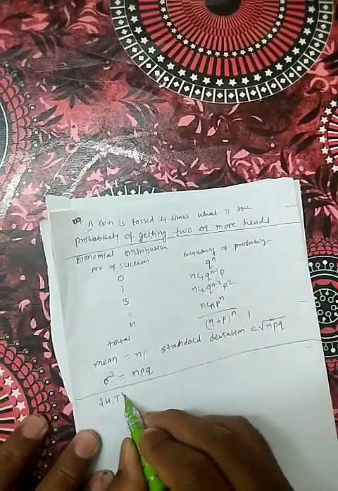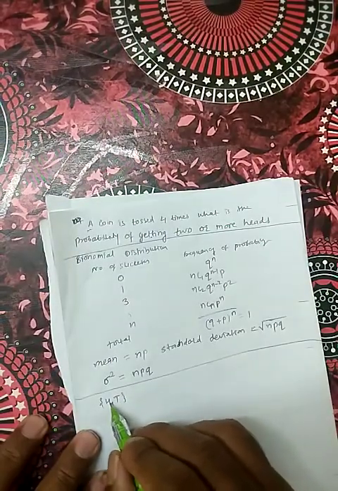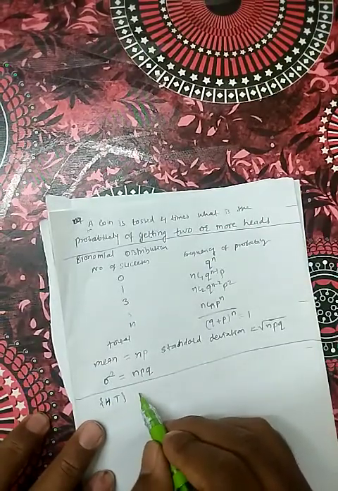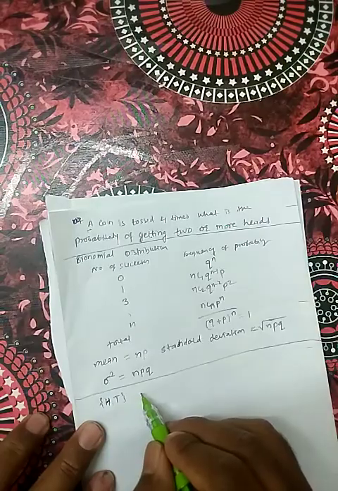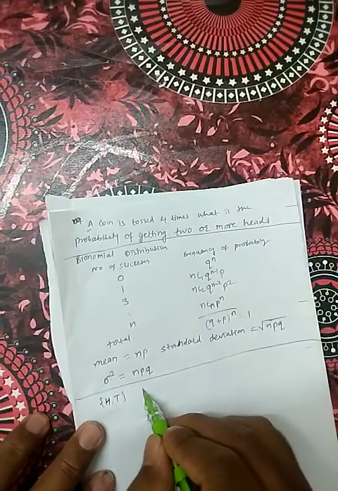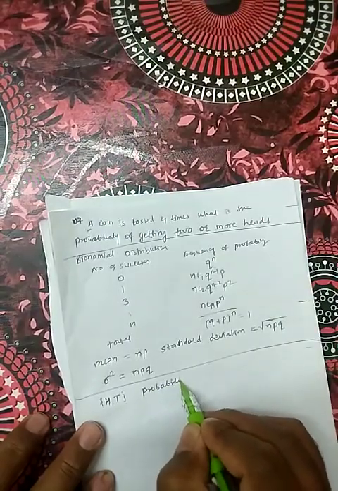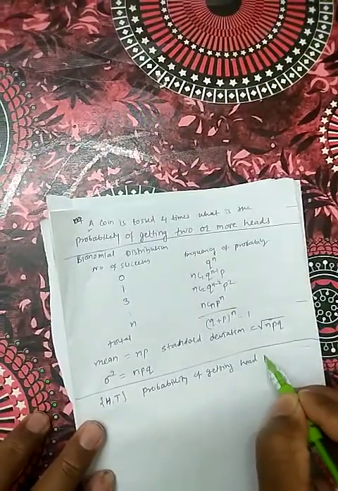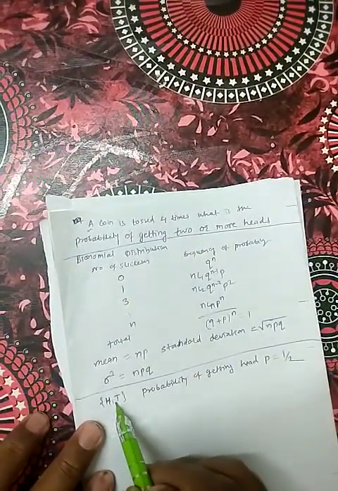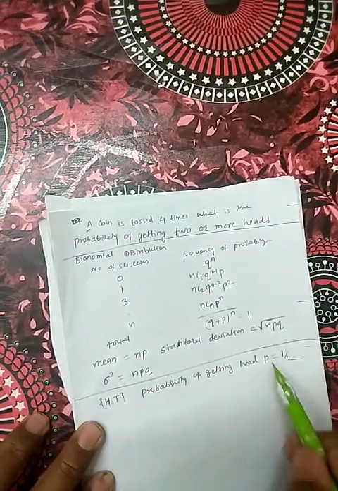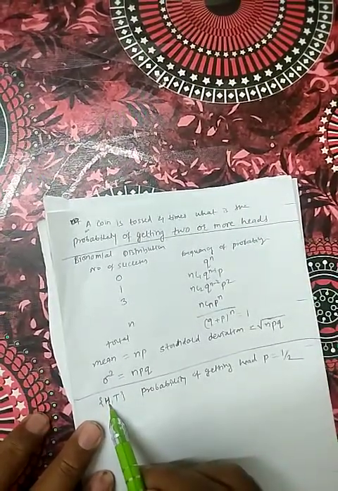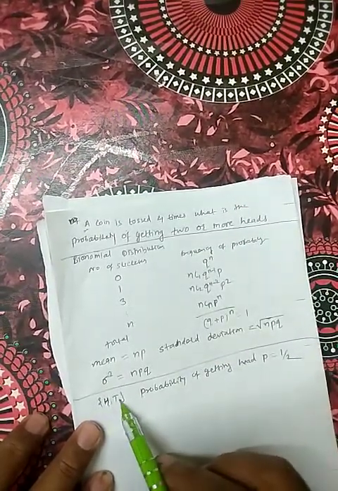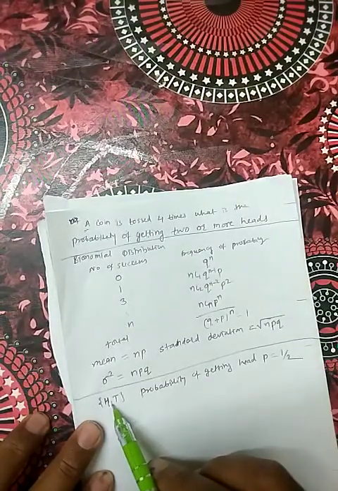When one coin is tossed, out of 2 outcomes, probability of getting head is only 1 by 2. 1 is the head and 2 is the number of outcomes.